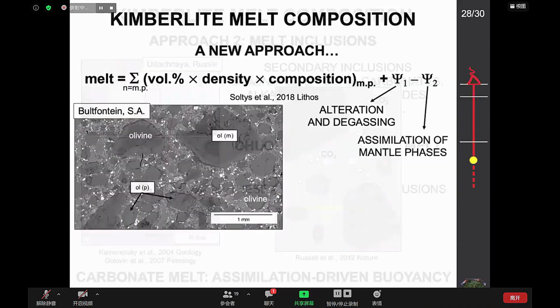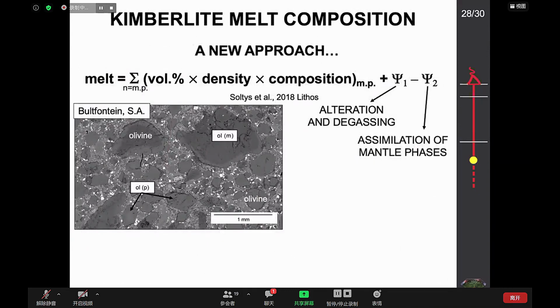So a few years ago, we tried to develop something probably simpler, I would say. A new approach to try to reconstruct the kimberlite melt composition, which is largely based on state-of-the-art modal analysis using backscatter electron images. So we built up this equation that is much simpler than it might look.